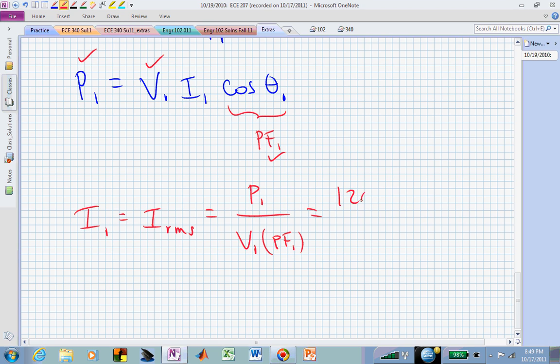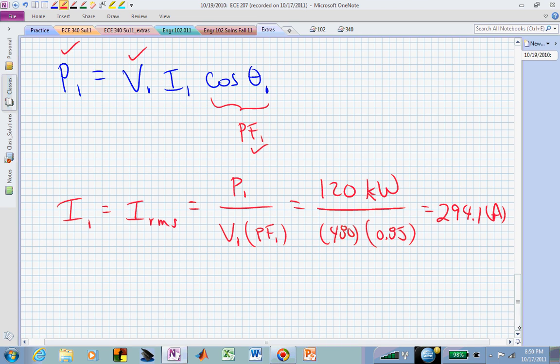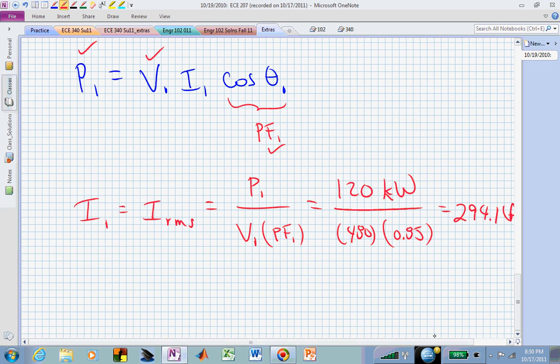Or this is now 120 kilowatts divided by 480 and 0.85, to give us the magnitude of the current flowing through load 1, which, since it's in series with load 2, also gives us the current through load 2, and we now know that the magnitude of that current is 294 amps.